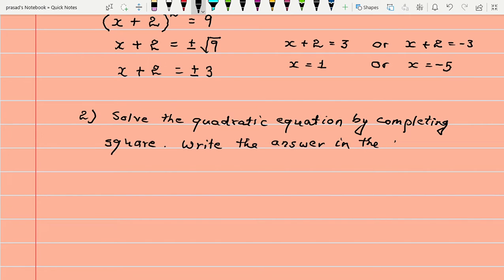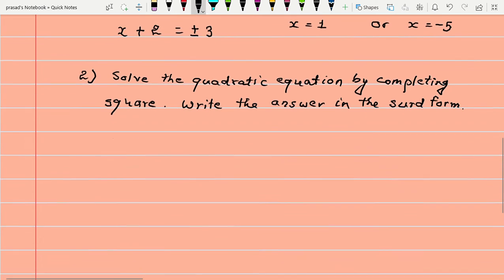Third form means you have to write the answer in the exact form without feeding it to the calculator.